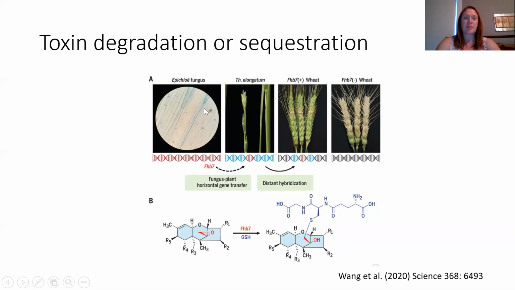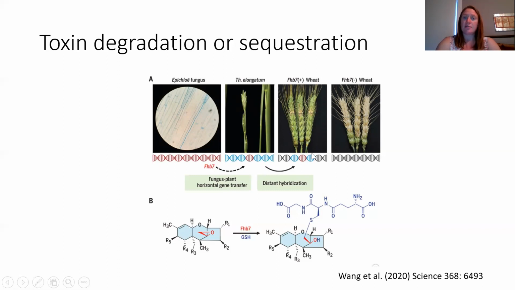The interesting thing about this story is that the detoxification gene didn't actually come from plants. It's not present in plants normally. It came from a fungus that is an epiphyte, growing within and on top of the ancestral wheat that we used to generate domesticated wheat. So this is a case of horizontal gene transfer for this particular detoxification gene.